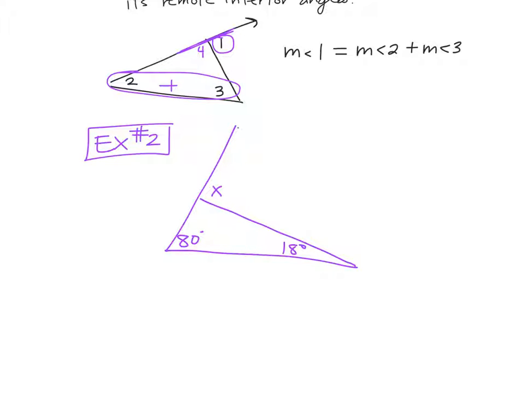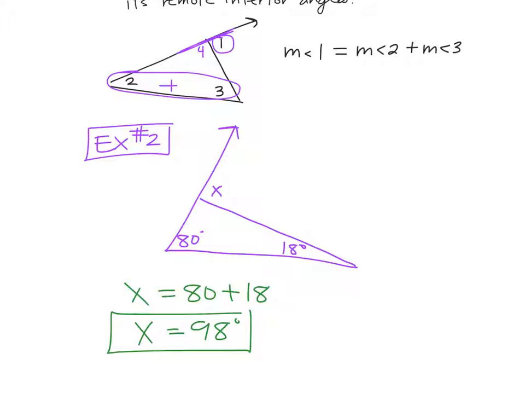Okay, so let's say this is my setup. If I want to know the measure of x, how many degrees is x, what do you do? You just do the 80 plus 18, right? X has to equal the sum of the 2 remote interior angles, so x would have to be 98 degrees.